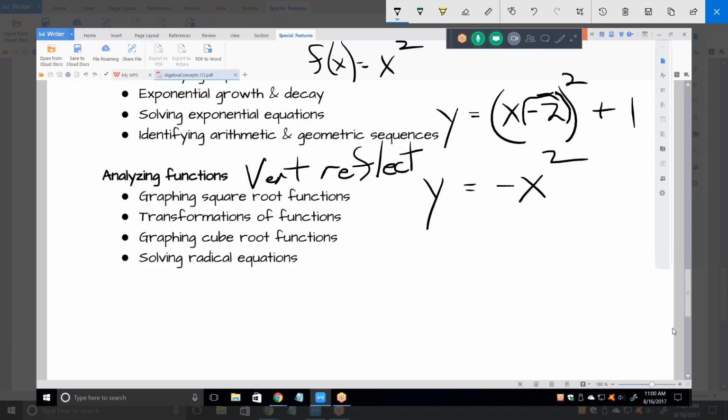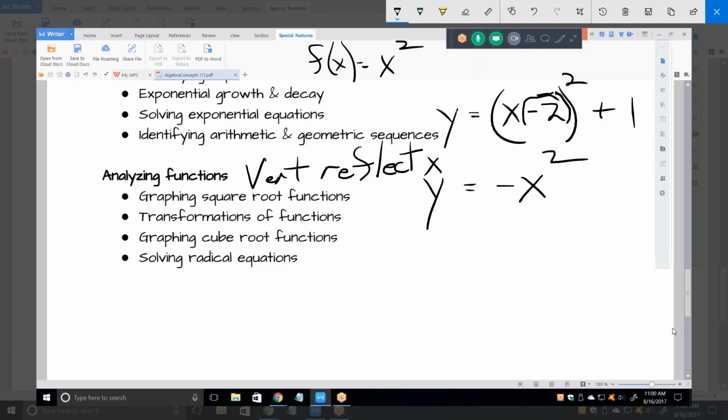A reflection over which axis? Is it a reflection over the x-axis or the y-axis? The x-axis. Yeah, and you have to say that. In other words, your teacher may not accept vertical reflection. That's kind of my own invention because it helps very much to categorize these transformations into 3 vertical and 3 horizontal.